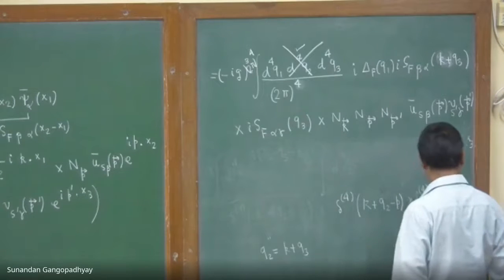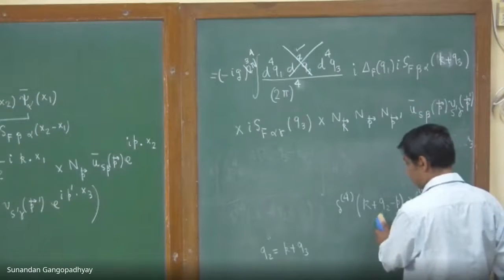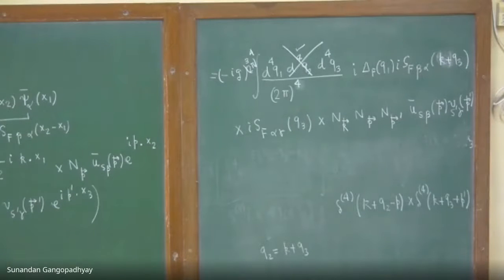So I think I got something wrong. Let me just check. What are the delta functions? K plus Q3 minus Q2.